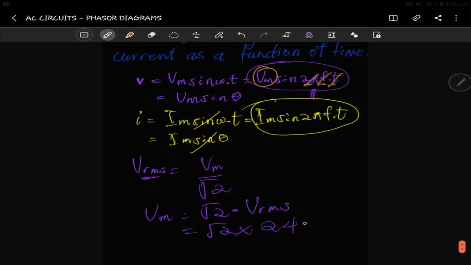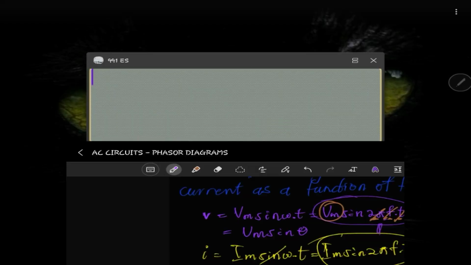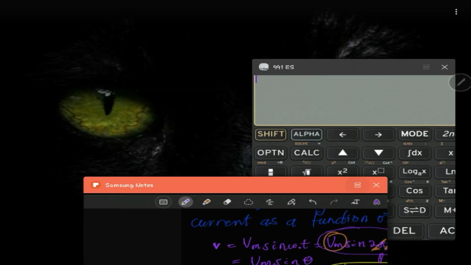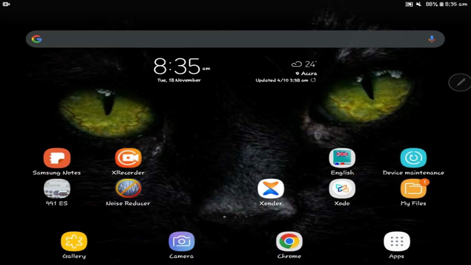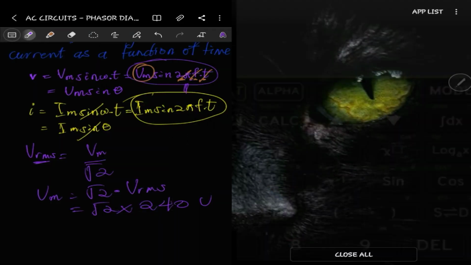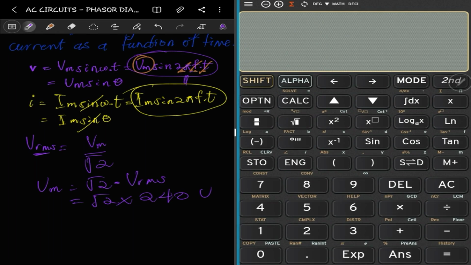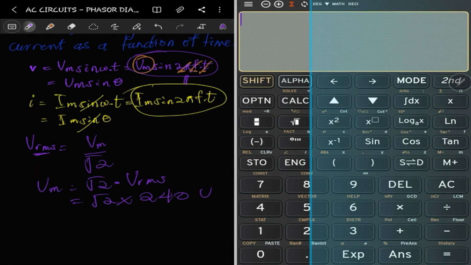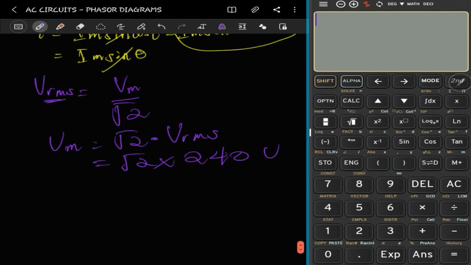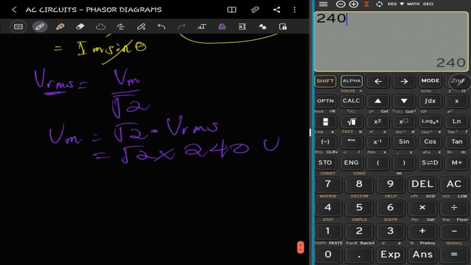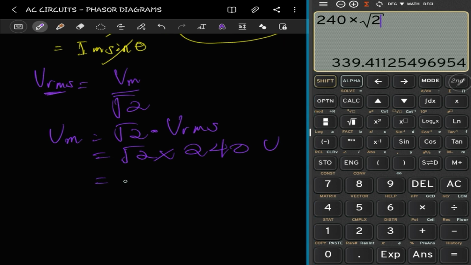So that's root 2 times 240, and that gives us 339.411, about 339.4 volts.